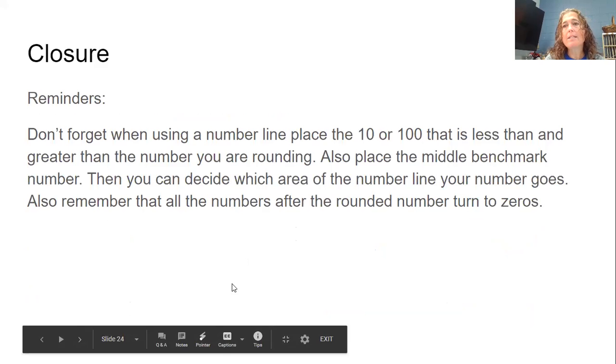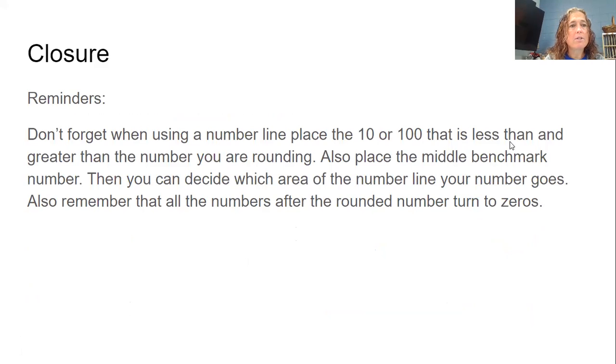In the last slide, I just wanted to give you some reminders. Don't forget, when using a number line, place the 10 or 100 that is less than and greater than the number you are rounding. It's very important to also place that middle benchmark number. Then you can decide which area of the number line your number goes.